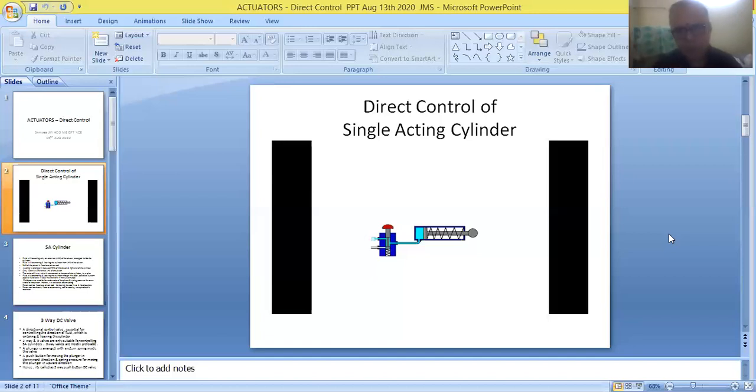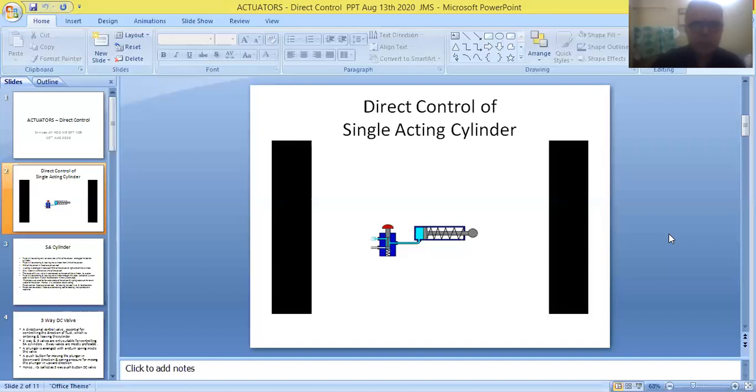So here, in the case of a single acting cylinder, fluid pressure is used for moving the piston in the forward direction, and spring pressure is used for moving the piston in the reverse direction. So friends, this is the general arrangement of a single acting cylinder.